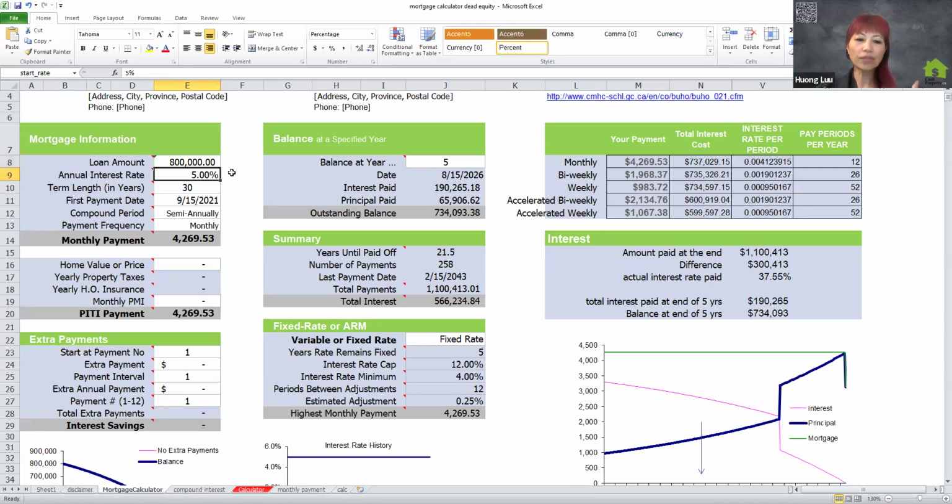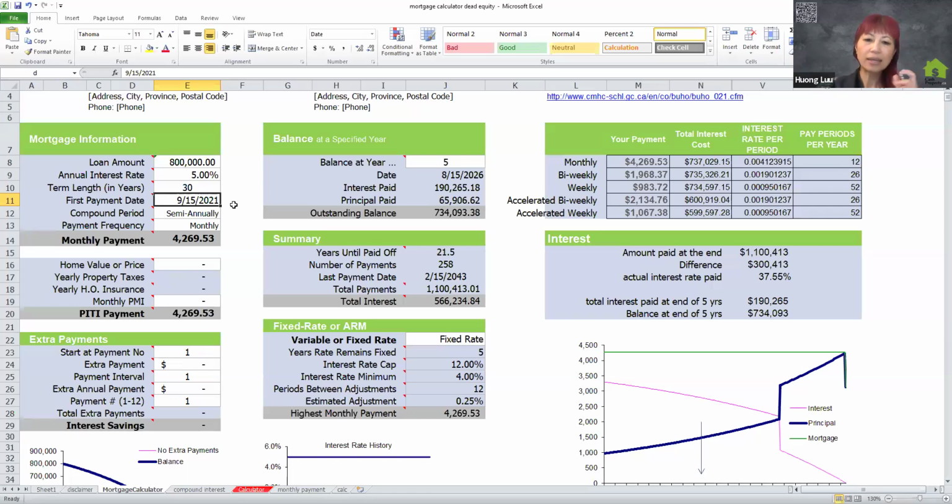The interest rate is 5%, and we just started this in September of 2021. It doesn't really matter what time frame you start. It's going to be 30 years from that point on. We're going to do a 5-year term, and we're going to calculate interest payments, principal payments, and what that actually means for us in terms of a 30-year amortization.